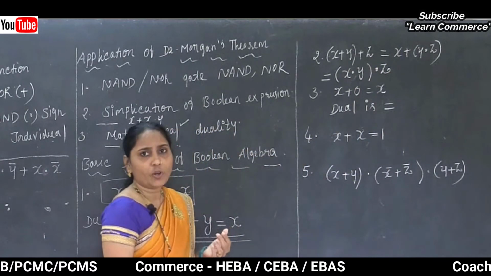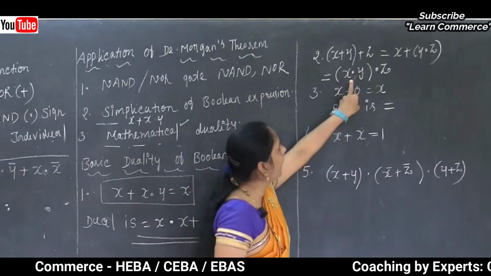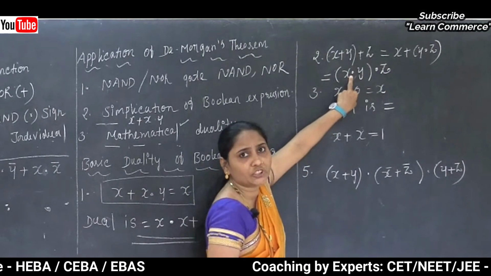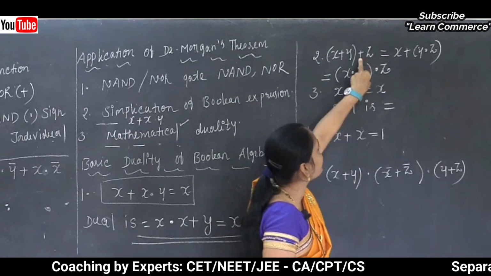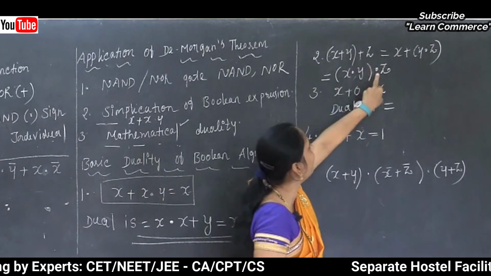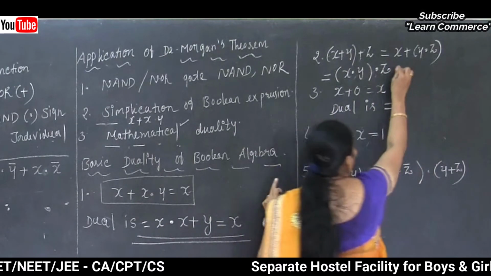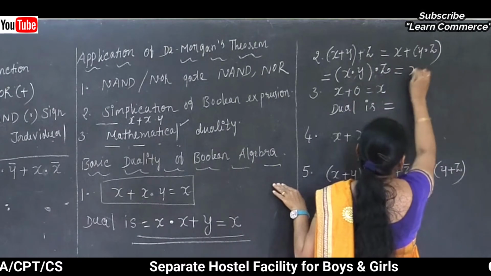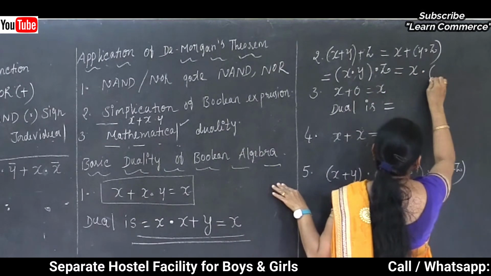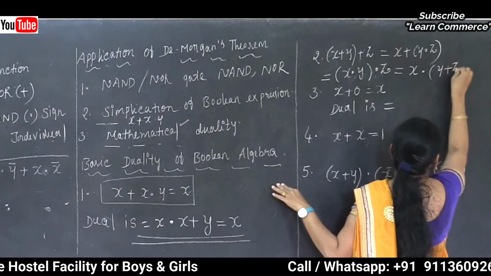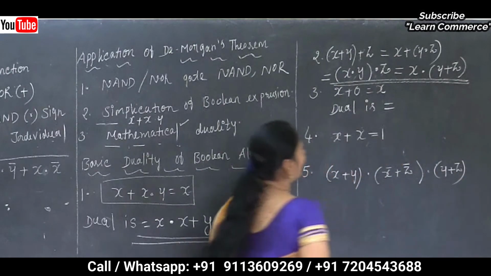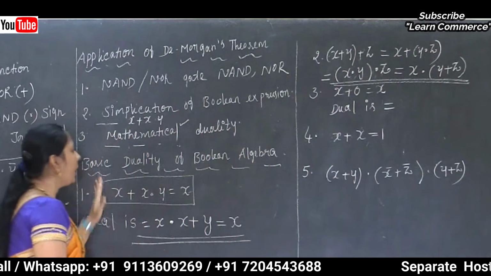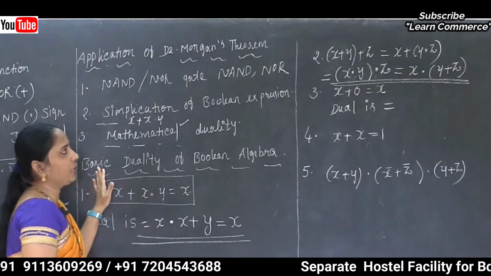So opening of the parenthesis, x, and the plus sign is there, so I am going to change it to the dot, y as it is, then closing of the parenthesis, plus. So we need to change it to the dot, z, and the equal sign as it is. After that, x dot opening of the parenthesis y plus z, closing of the parenthesis. So this is the answer. Clear this point here? So this is the answer to the basic duality of Boolean algebra question.